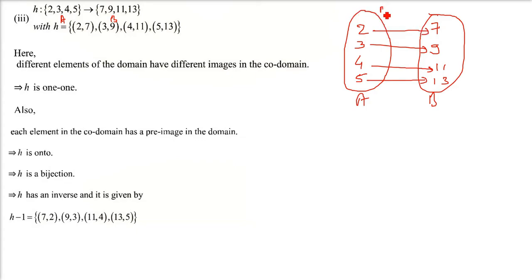As I told you earlier, the boyfriend girlfriend example: one boyfriend, one girlfriend, and no girlfriend should remain. Every girlfriend should have a boyfriend. To find the inverse, just invert it. 2, 7 can be written as 7, 2; 3, 9 as 9, 3; 4, 11 as 11, 4; and 5, 13 as 13, 5.